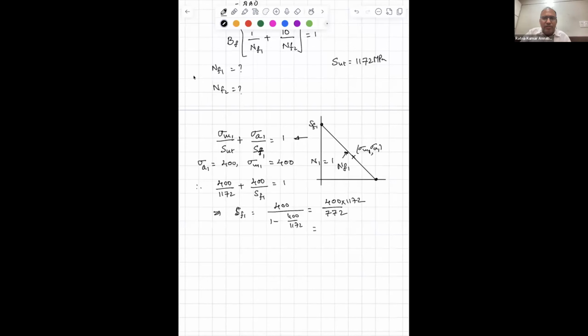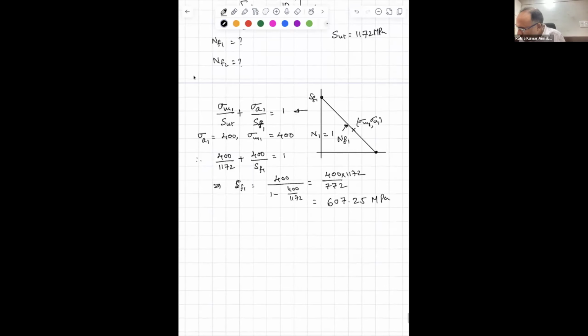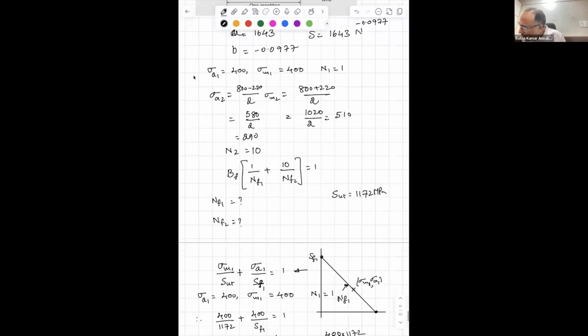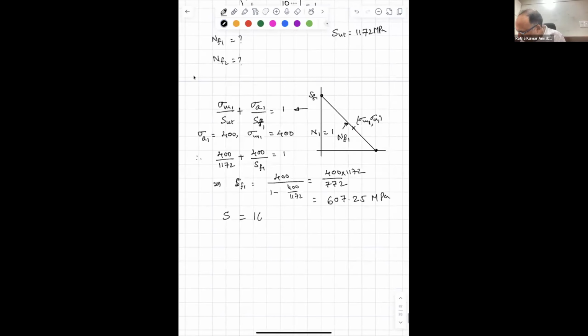Those of you who have solved should be able to answer, no? What is the number? 607.25. That is SF1. Because it is the same material, it is governed by S equals 1643 times N to the power minus 0.0977.